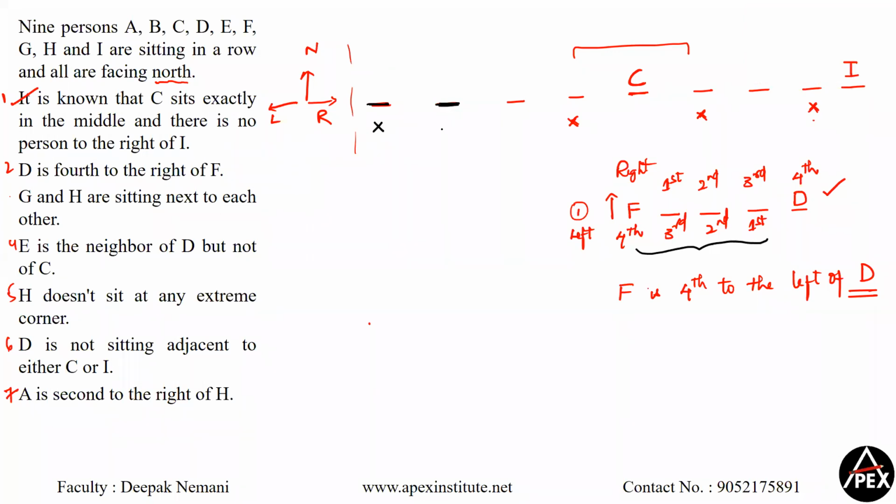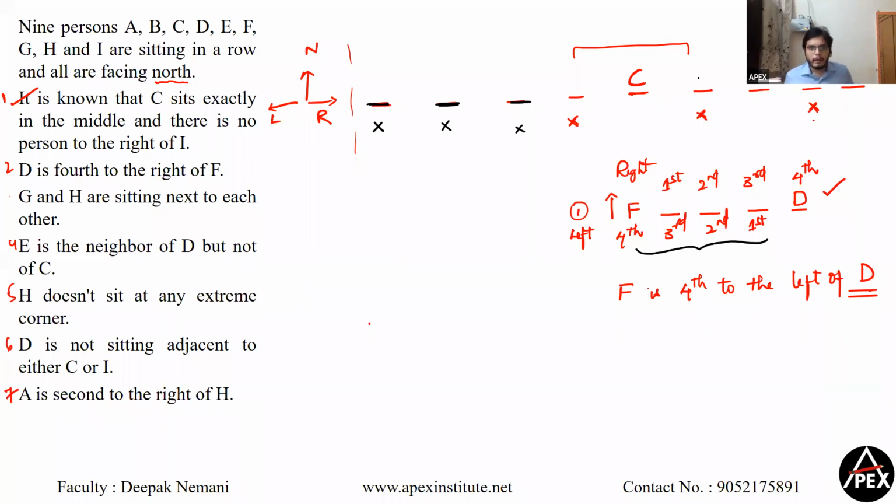No, sir. Can we have D here? No, sir, because if we have D here, we do not have a determined place for F. So what is the only place where we can accommodate D? This one. Third from right, or seventh from the left.